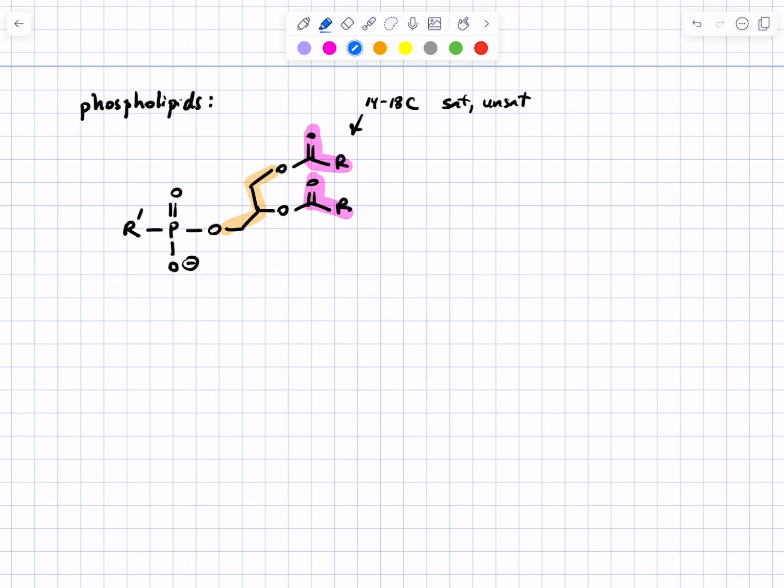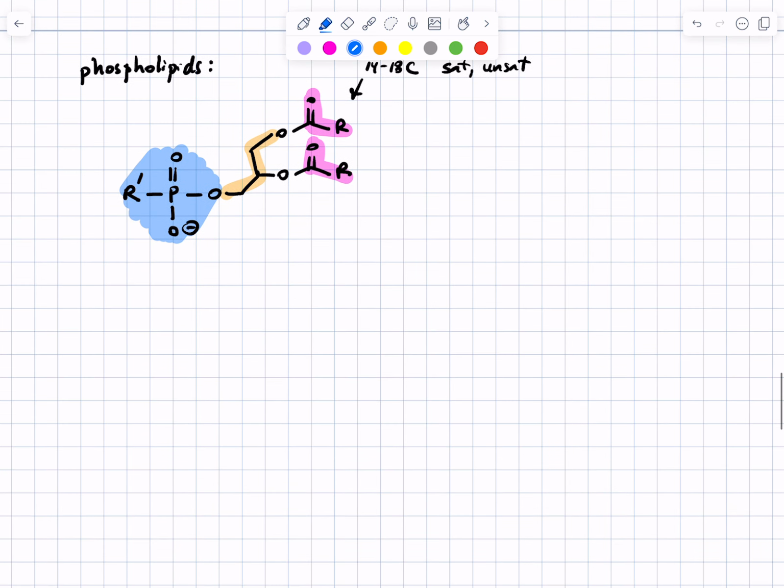And then in blue, I'm highlighting in blue because it's sort of water soluble, you have this polar head group, okay? And depending on the phospholipid, the R is going to be different. So here are some things R can be. Here the squiggly line indicates the connection to the phosphate.